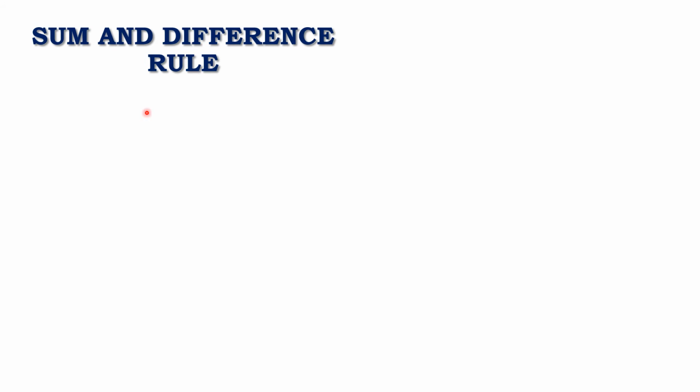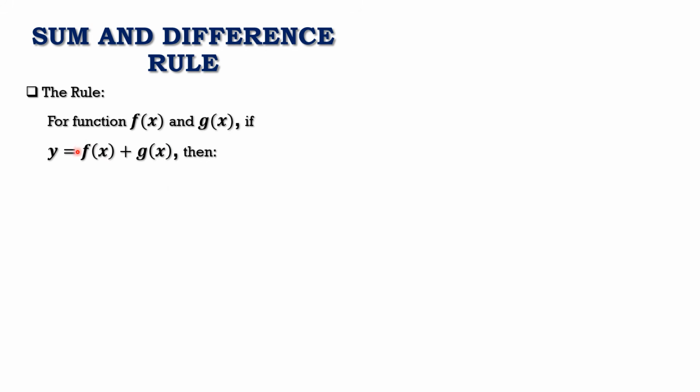So now let's proceed to the sum and difference rule. The rule states that for a function f of x and g of x, if y equal to f of x plus g of x, then dy over dx is equal to differentiating the function f of x with respect to x plus differentiating the function g of x with respect to x.